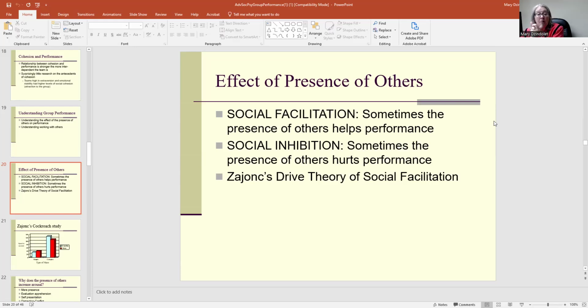And that's what's going to happen. So my dominant response is going to be wrong, and the presence of others is going to make my performance even worse. So as bad as my cartwheel would look doing it alone in this office where there's no one else here, it would look even worse if anyone was watching me. Does that make sense? The presence of others is going to make it worse.